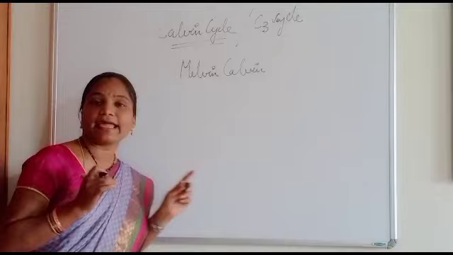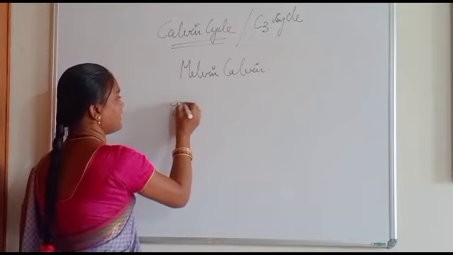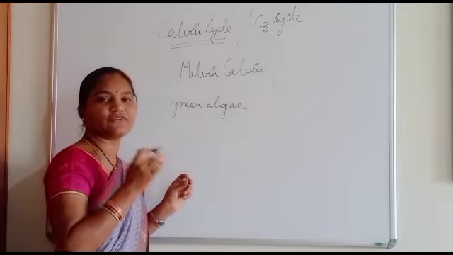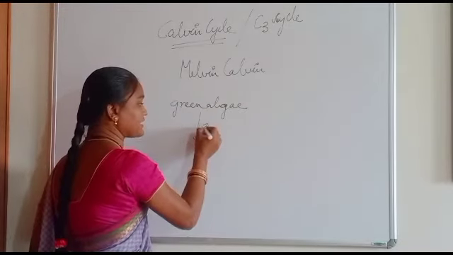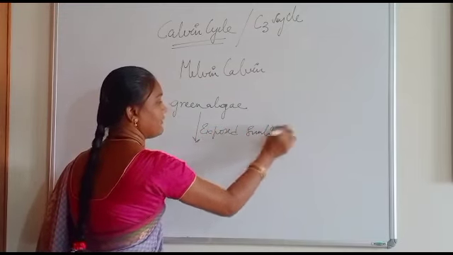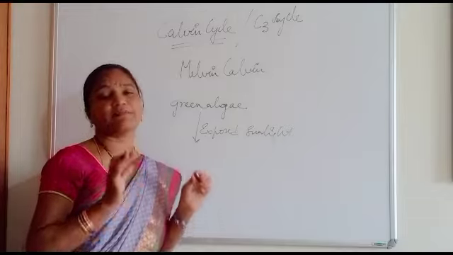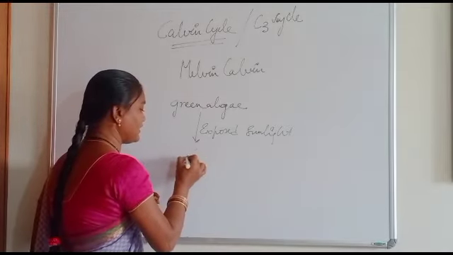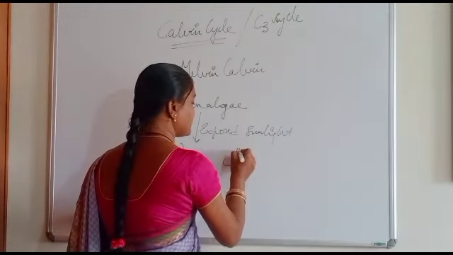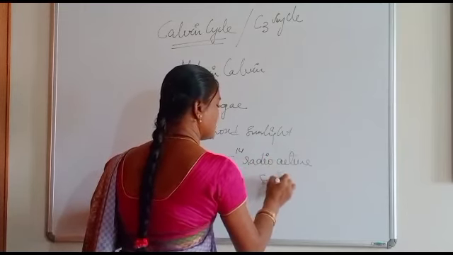So what did they do? Calvin and his co-workers first took green algae and exposed it to sunlight. When they exposed this green algae to sunlight, they obtained different carbon containing compounds, which they tagged with C14 radioactive substance.